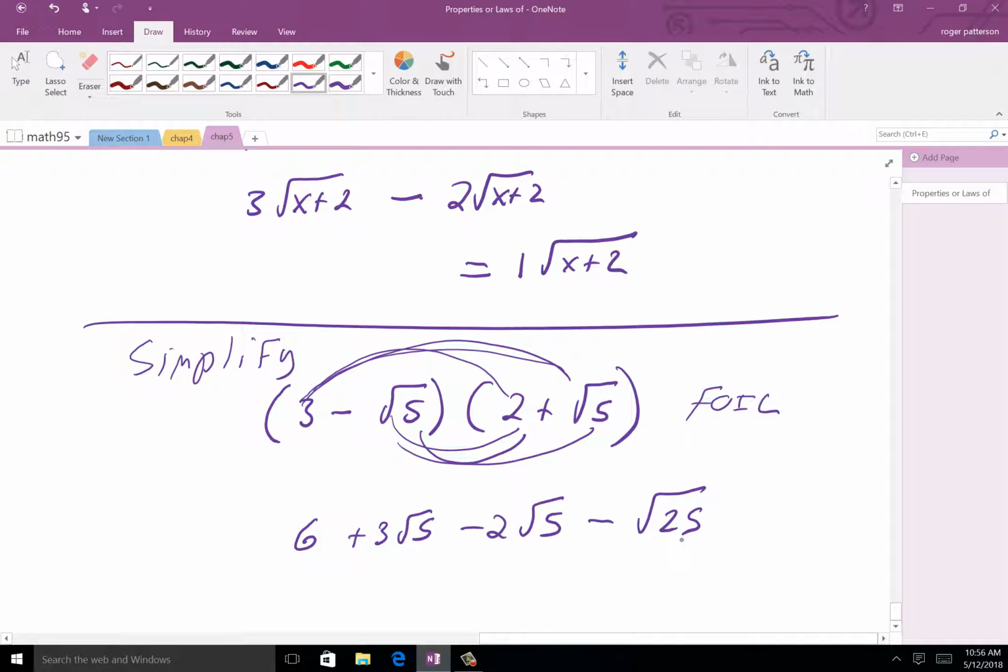So 3 times 2, that's 6. 3 times the square root of 5, so that's 3 square roots of 5. This is an outside number, this is an inside number, so we don't intermix those. Same thing on this one, right? This is an inside number, this is an outside, so we don't mix those. Multiply that, and we get square root of 25.